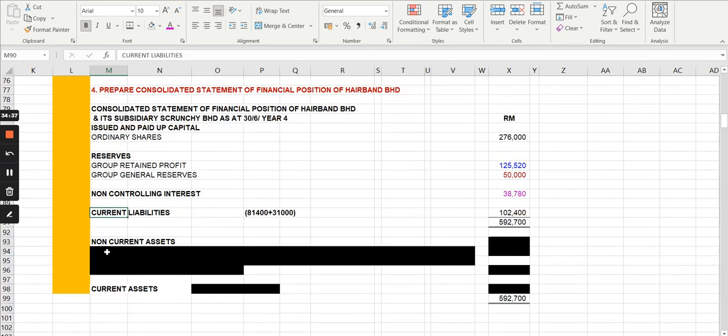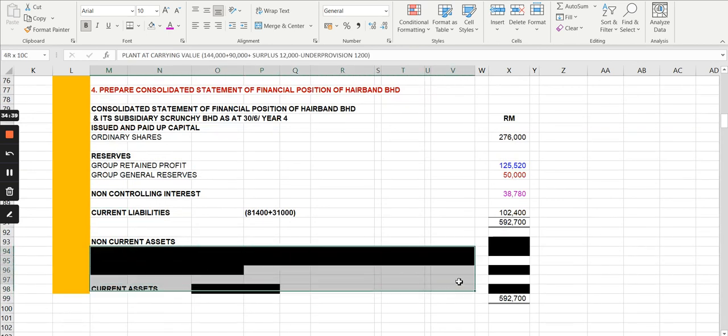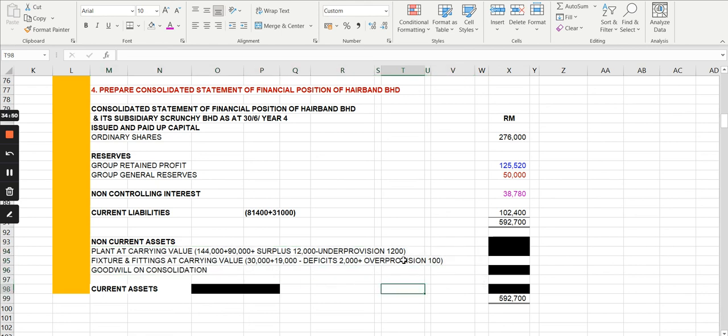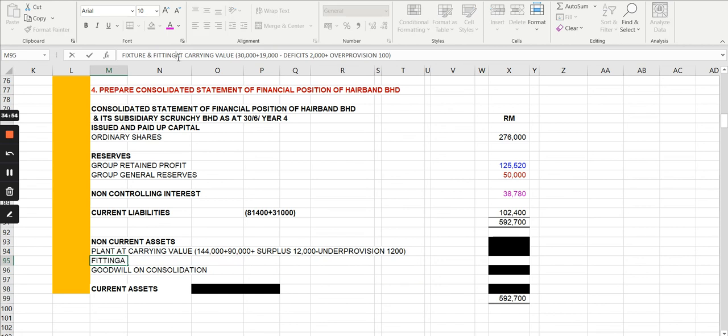Next is the non-current asset. The non-current asset that you will show here will be the non-current asset coming from plant and fixtures, and that would be at the carrying value. So look at the working that I have put here.